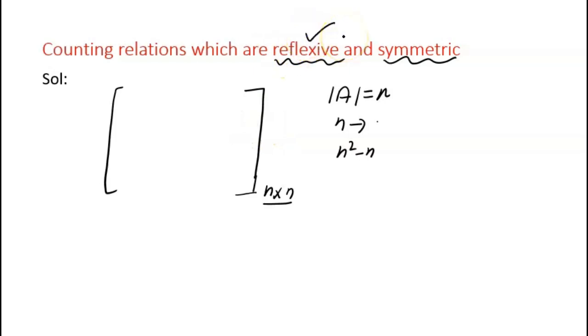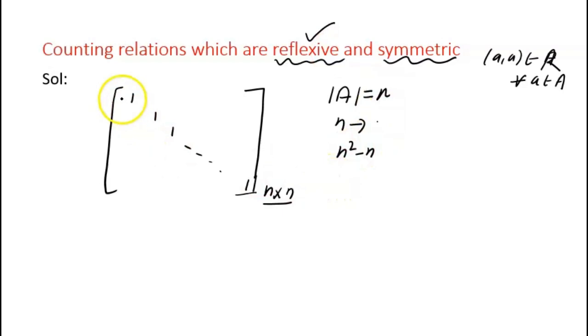The definition of a reflexive relation is that we must have all a comma a type of elements in the relation R for all elements a in the set A. So it means what? That I need to place 1, 1, 1 and so on, so all the elements along the main diagonal must be 1 for the relation to be reflexive.